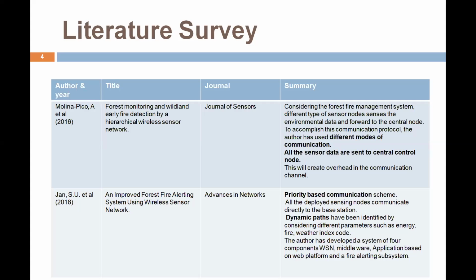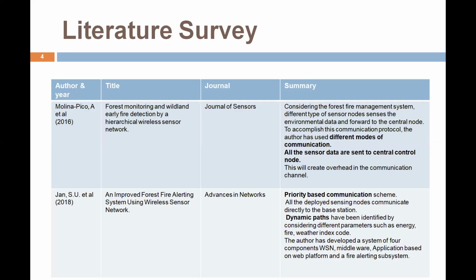My literature survey covers basic wireless sensor networks and how they framed forest fire monitoring systems, then how IoT comes into the picture, and what the role of the fog layer is in forest fire detection systems. The first paper is from 2016, on forest monitoring and wildland early fire detection.